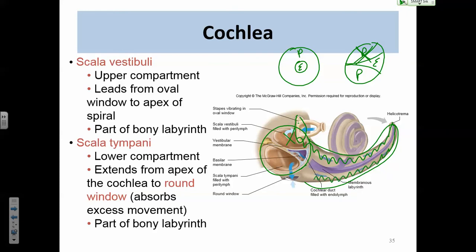This fluid is perilymph, and it's moving, and any excess movement is picked up by another window I haven't talked about that's at the proximal part of the lower compartment. It's called the round window, and its purpose is simply to catch excess movement so it won't be bouncing around all the time. But as the fluid moves down the end, this fluid also moves. Let me get rid of this.